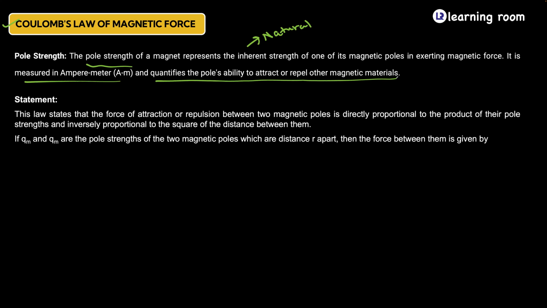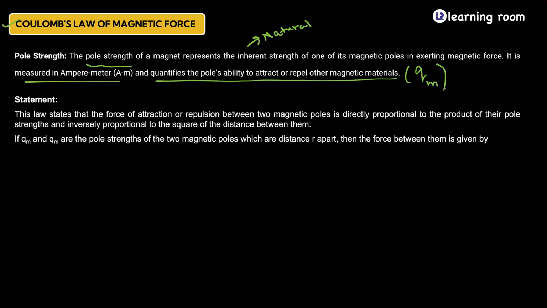So this parameter will tell us the extent to which it can attract or repel other magnetic substances. If it is able to attract faster or repel faster, it is going to have comparatively more strength compared to the one which is not able to do that. So that's the meaning. And pole strength is represented by the symbol QM. Am I clear?